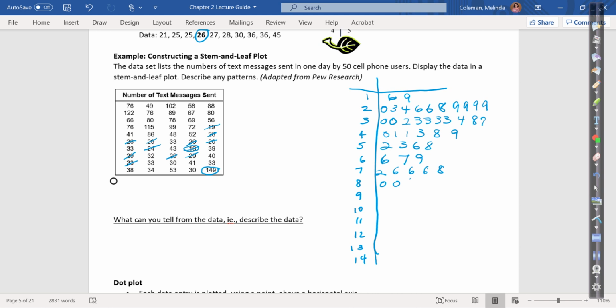We have 86 and 89. For the 90s group, we only have one at 99. In the 100s, we have 102. In the 110s, we have 115. In the 120s, we have 122. There are none in the 130s, so you don't have to list anything. And in the 140s, we have 149.